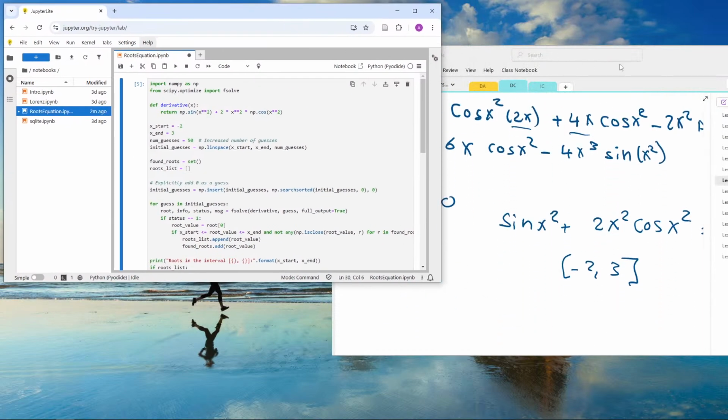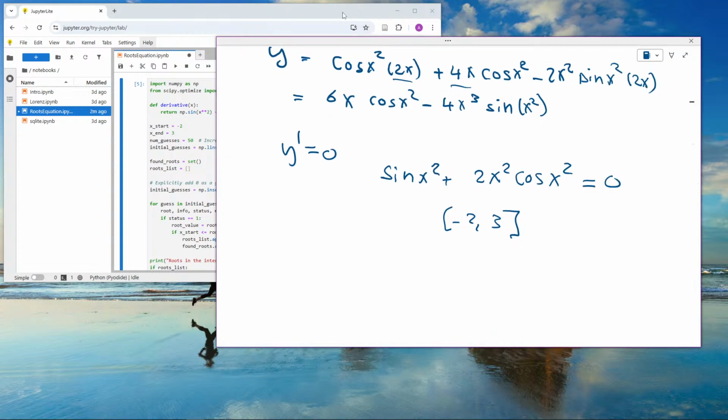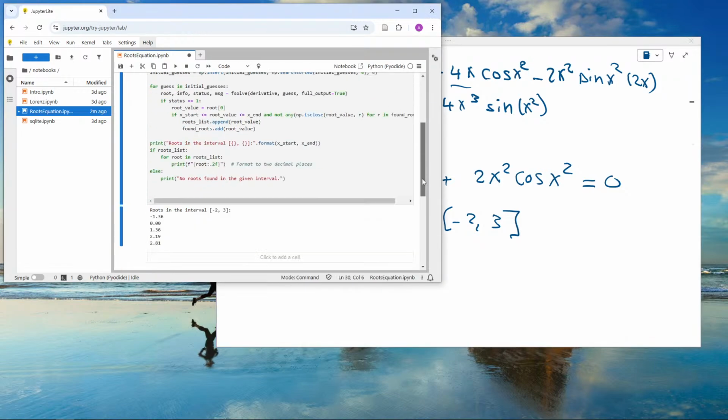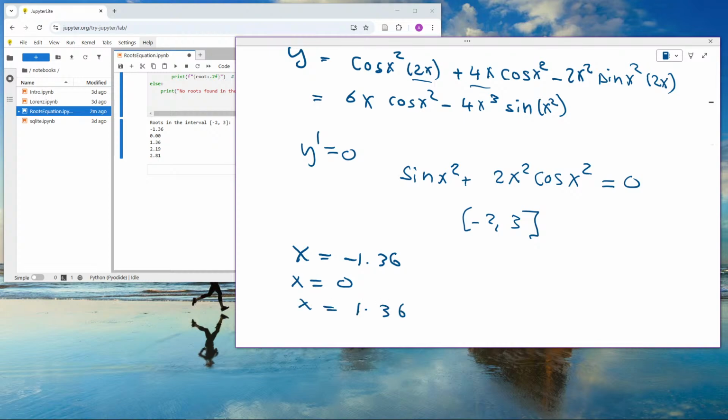If I equate this to 0, the x value that will make this equal to 0 could be minus 1.36, or x could be 0, or x could be 1.36, or x could be 2.19, or x could be 2.81.